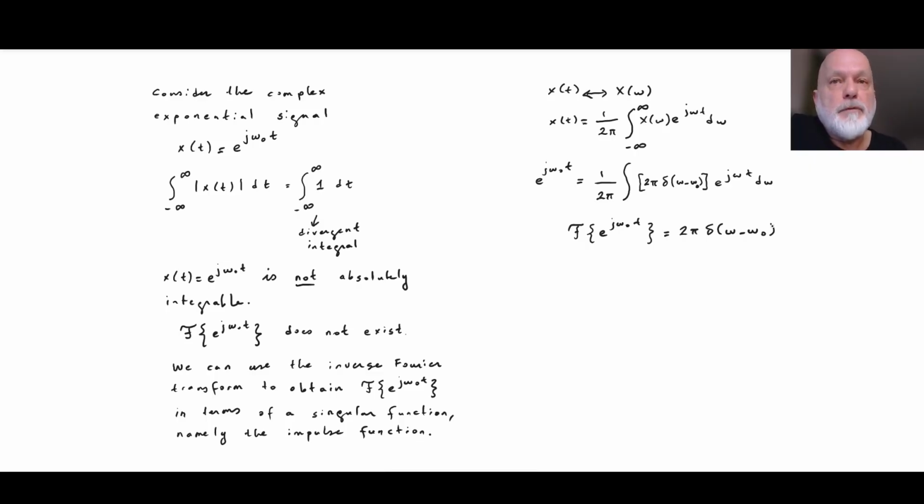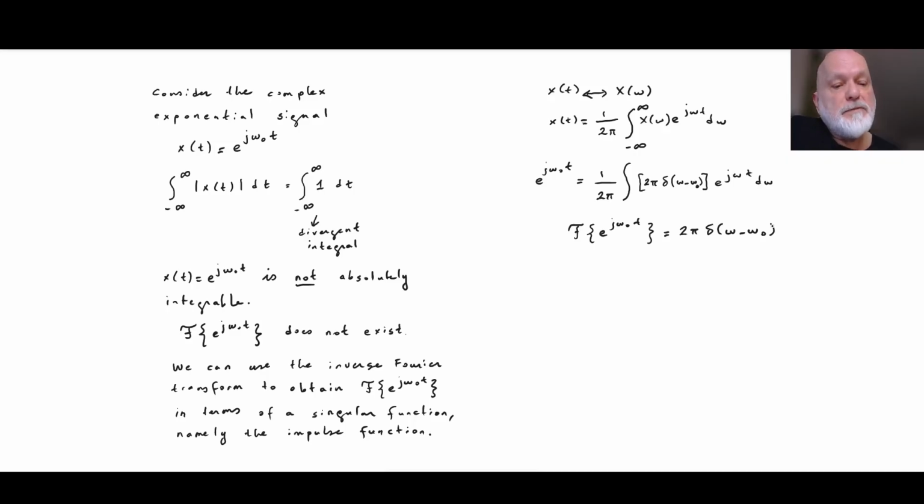We remember the following. By the existence of the Fourier transform in the classical sense, that means we are able to calculate the Fourier transform from the Fourier integral, provided that the signal is absolutely integrable, and as a result we obtain a function X of omega which is bounded for all omega. Its magnitude is finite for all frequencies from minus infinity to plus infinity.